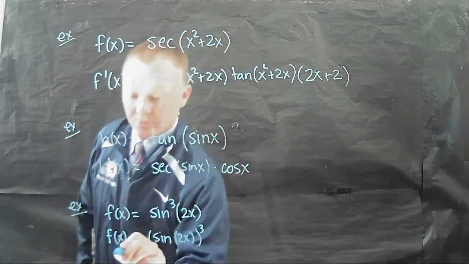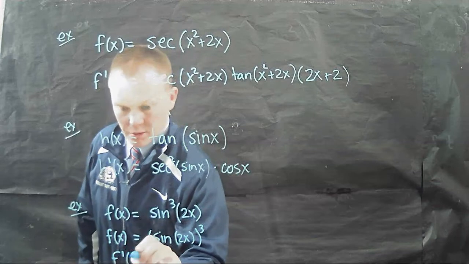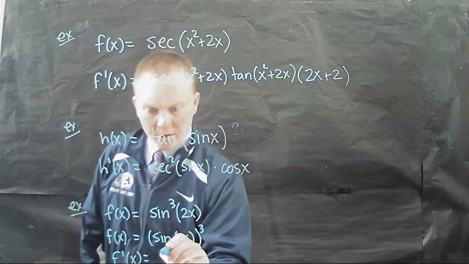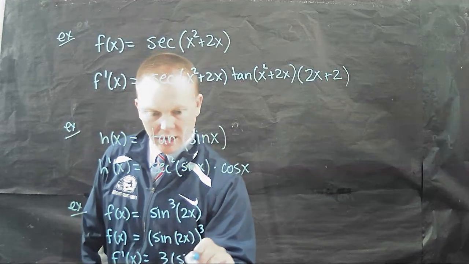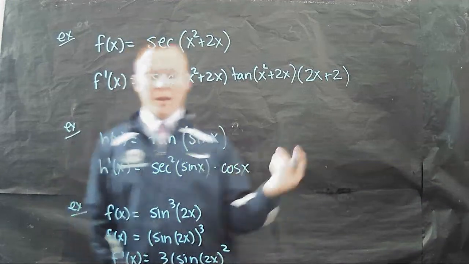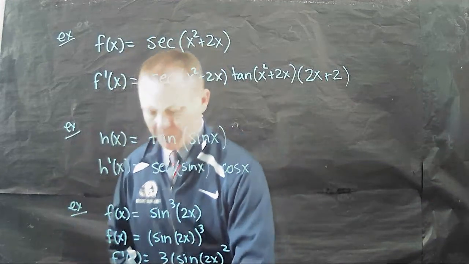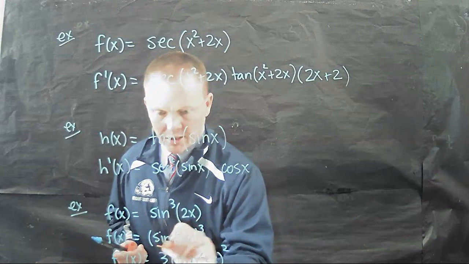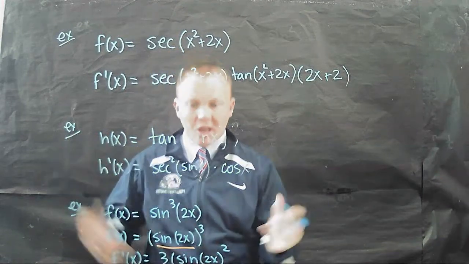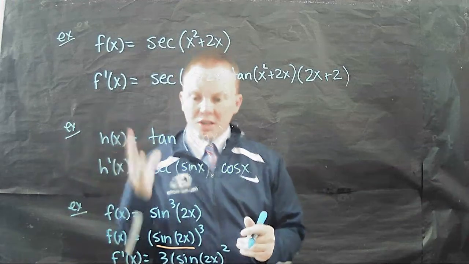So how do we take the derivative of that? Same way. It's actually real simple. We still just take the derivative of the whole thing. So we treat this as 3 times sine of 2x, squared. So that's the derivative of the whole thing. And now we're going to multiply by the derivative of the inside. So now I've got to take the derivative of just sine of 2x.